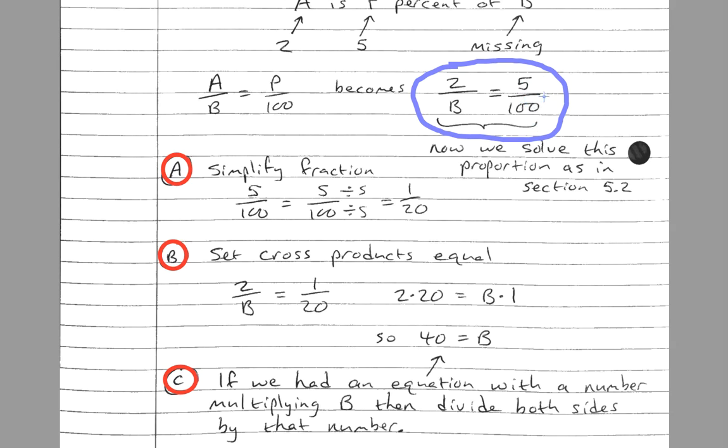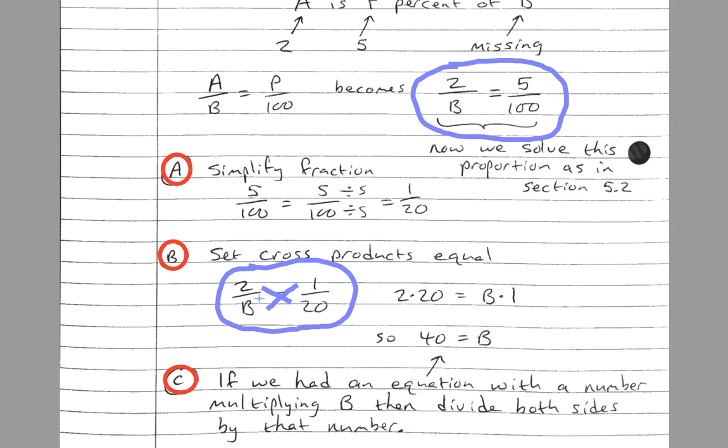It's usually a good idea to simplify this fraction. 5 over 100 simplifies to 1 over 20, so we just get smaller numbers. Now we have a slightly easier proportion to solve. Our main idea is to set the cross products equal.